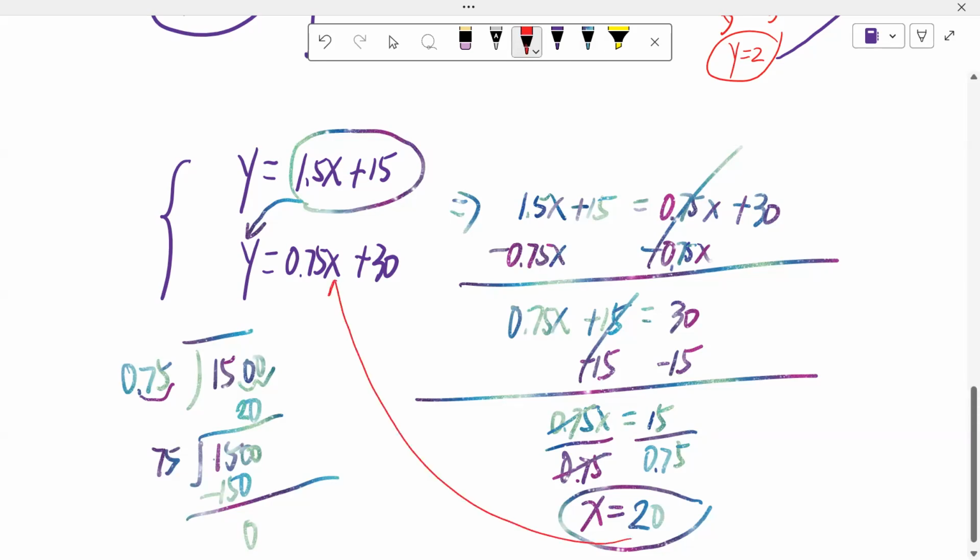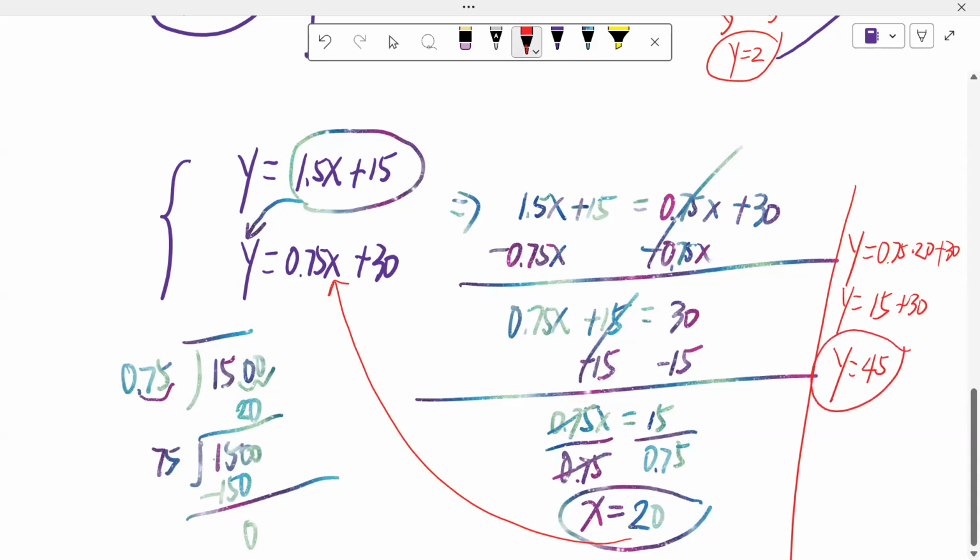We plug into the second equation. We get y equal to 0.75 times 20, adding 30. 0.75 times 20, that's 15, and 30, y value equal 45. So 20 and 45. Any question about this?